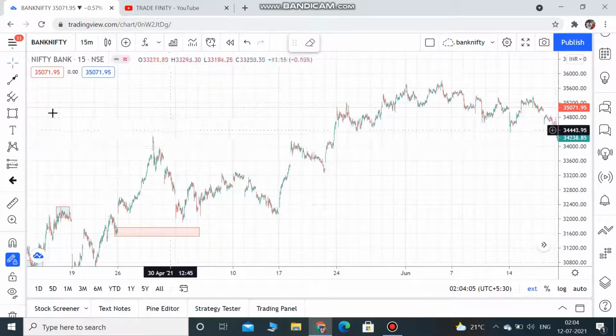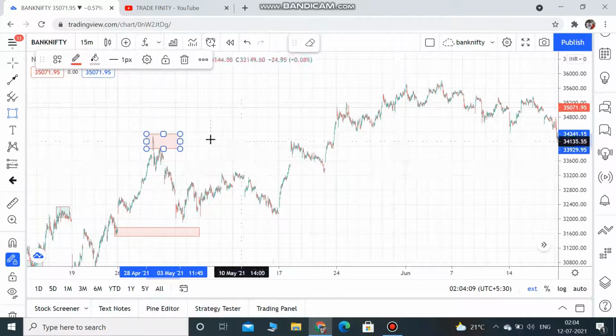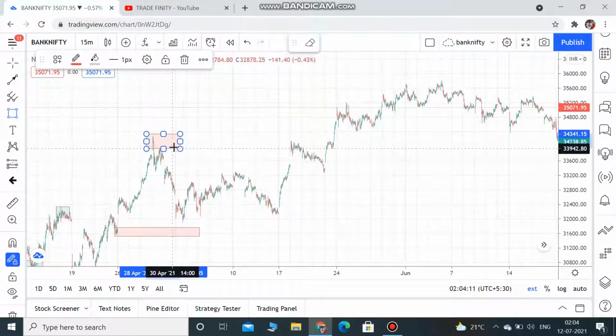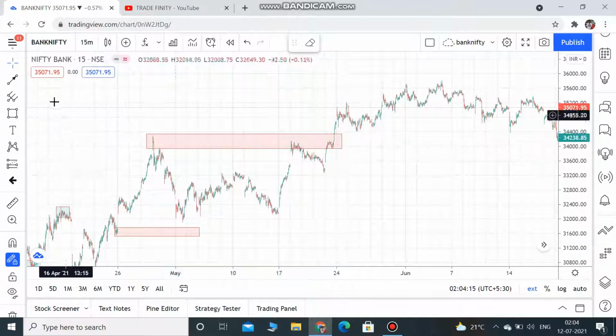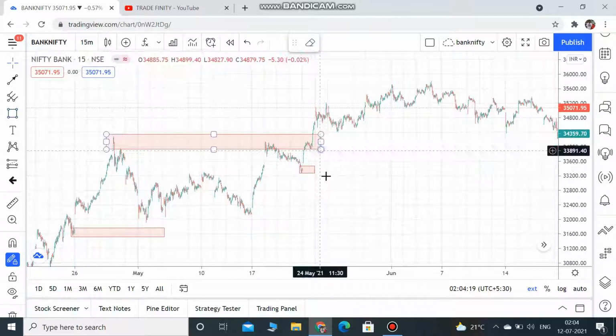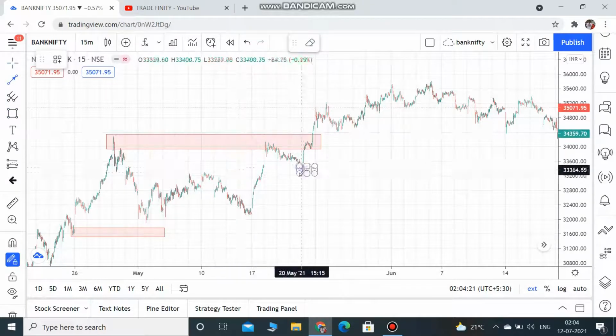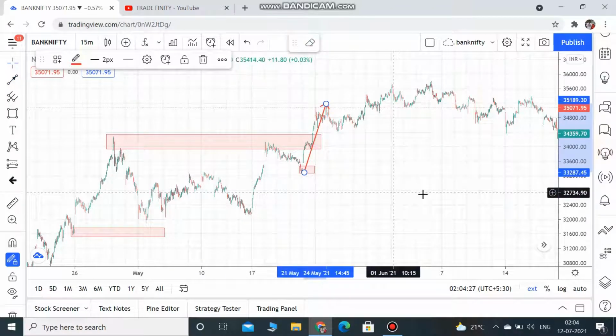See this, if you consider this as one of the good resistance, you will be extending like this, right? This is the reason why it broke this particular resistance. So I will be marking this.